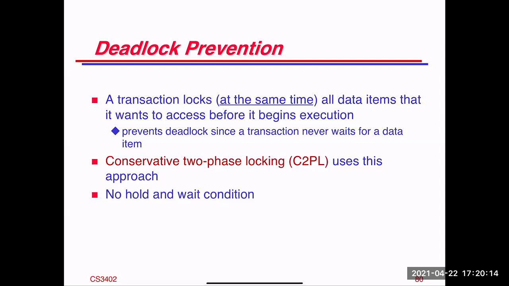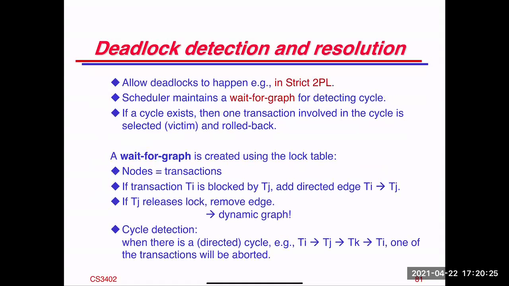Of course, conservative two-phase locking achieves deadlock prevention, right? Because we don't have any hold-and-wait condition. And just before, I talked about the wait-for graph, so it's also important to remember how this wait-for graph is constructed and what it is used for.